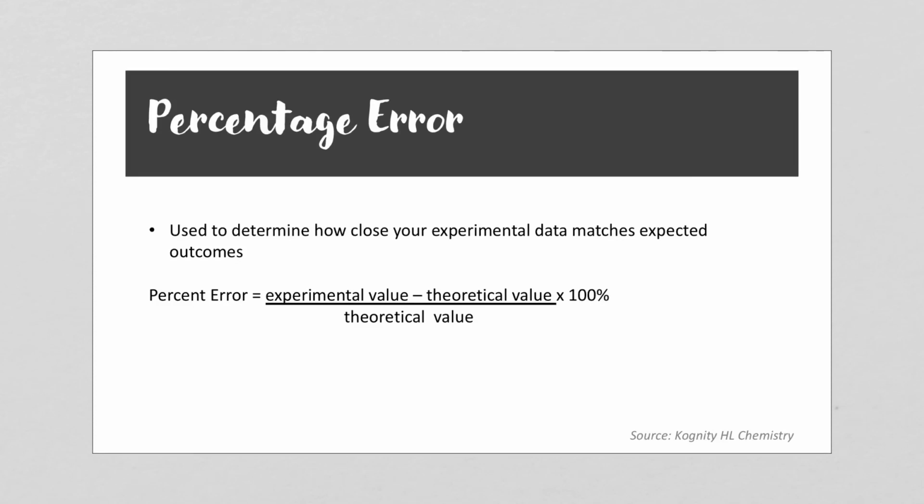So percentage error is used to determine how close your experimental data match your expected outcome. So percent error is equal to the experimental value minus the theoretical value divided by the theoretical value times 100. We'll go through an example in just one moment.